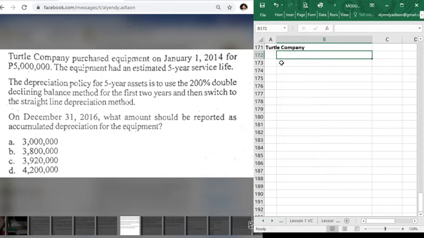The equipment had an estimated 5-year service life. The depreciation policy for 5-year assets is to use the 200% double declining balance method for the first 2 years and then switch to the straight line depreciation method. On December 31, 2016, what amount should be reported as accumulated depreciation for the equipment?